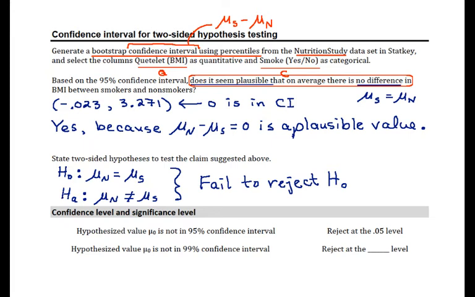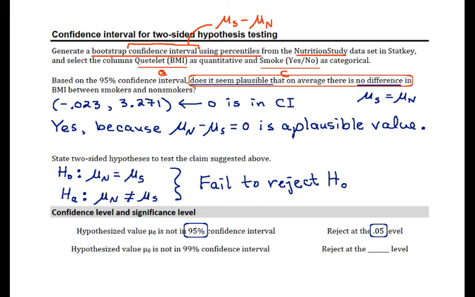So the idea behind the link between confidence intervals and hypothesis tests is that if we have a confidence level that is a perfect complement to our significance level, then we can answer questions about a hypothesis test based on the confidence interval.